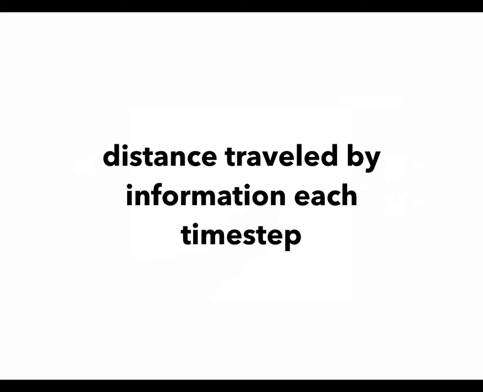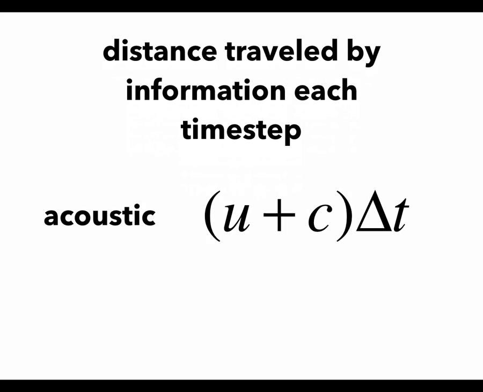So in a single time step, the acoustics move at (u plus c) delta t, or u minus c. Let's just, for simplicity, take (u plus c) delta t. And the gas is going to move by u times delta t. So this is a distance, right? Meters per second times second, that's meters. Okay. So this is a distance, small delta x.